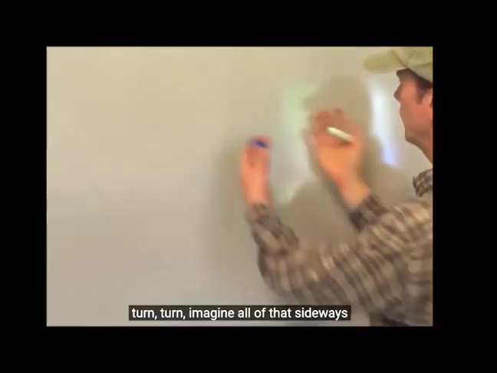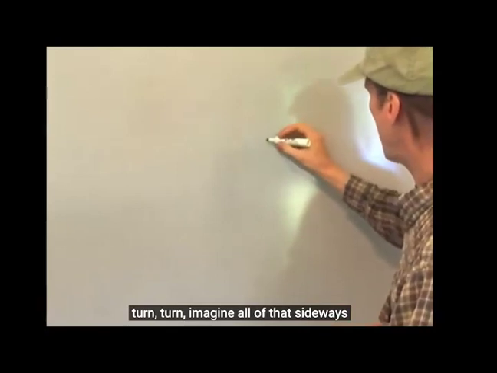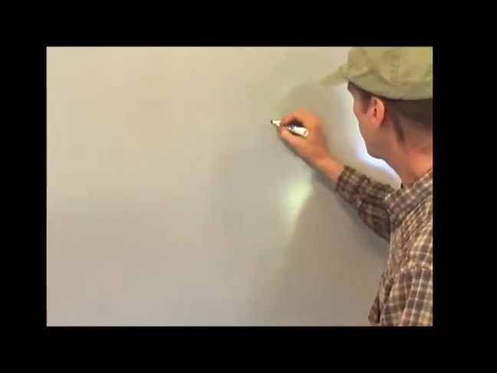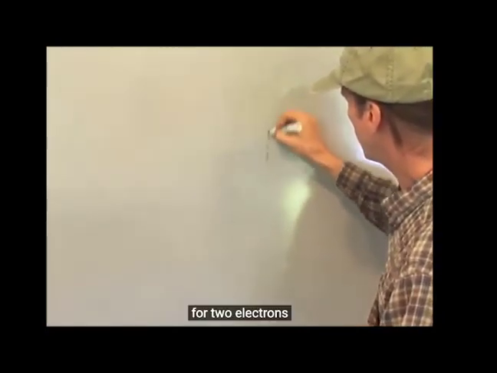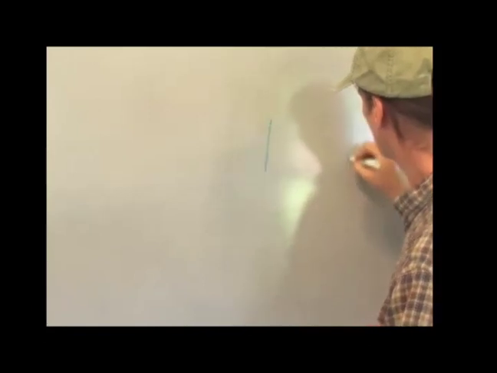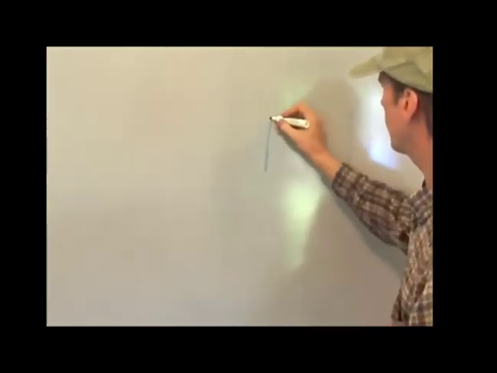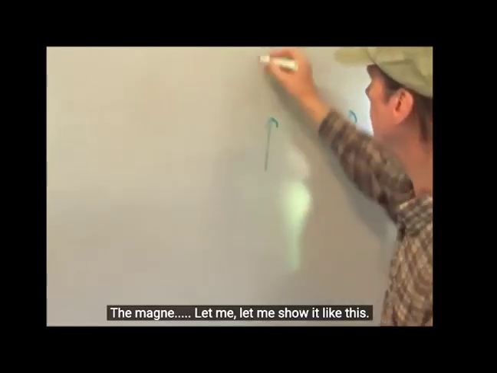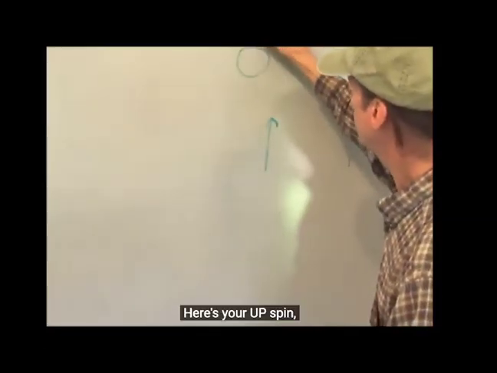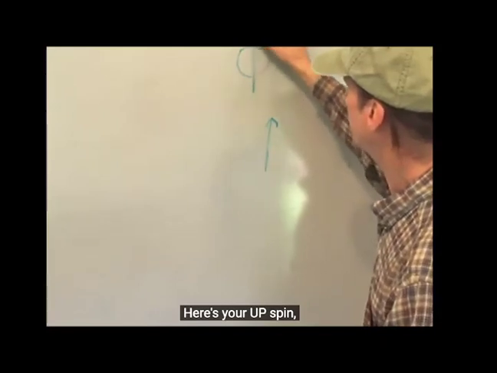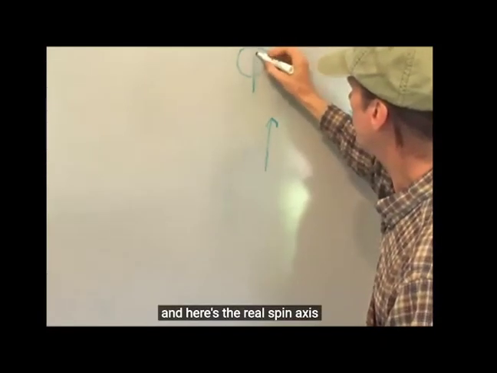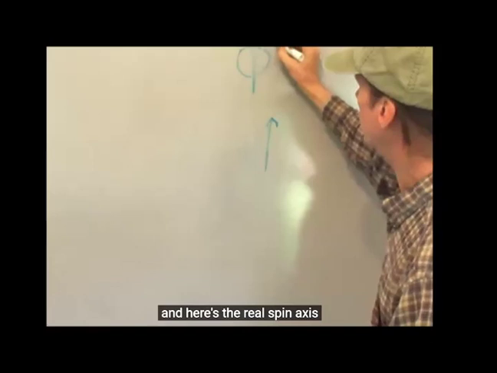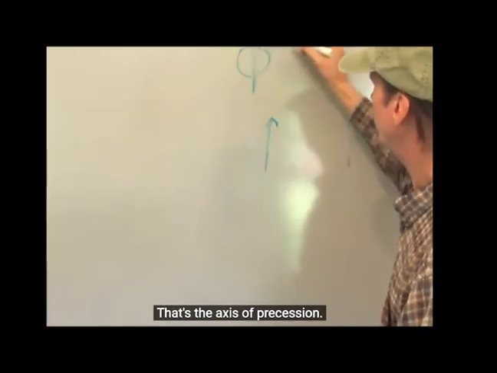So, imagine all that sideways for two electrons. Let me show it like this. Here's your up spin, and here's the real spin axis. That's the axis of precession.